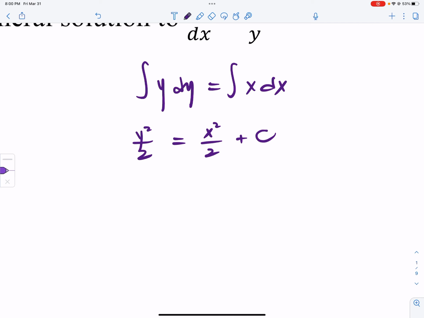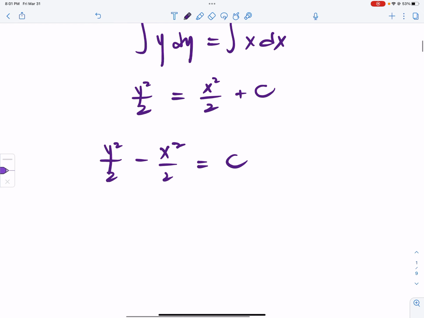However, if this were maybe a multiple choice question and you get to this point and this is not one of the possible answers, you could think about using algebra in order to move things around. For example, we could subtract x squared over 2 from each side of the equation. And then c represents an arbitrary constant.